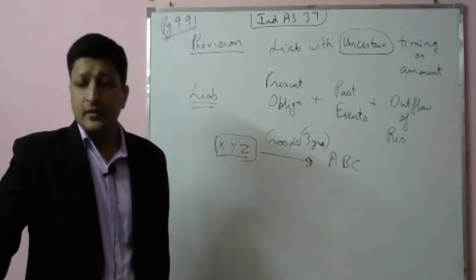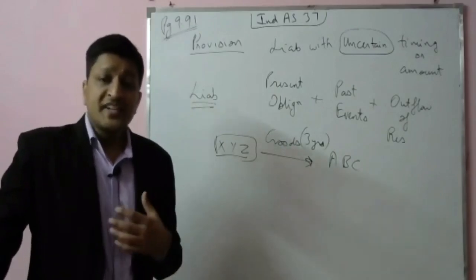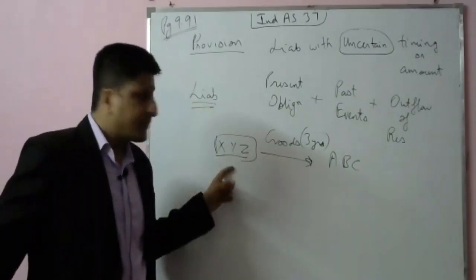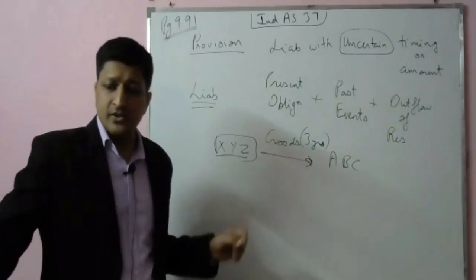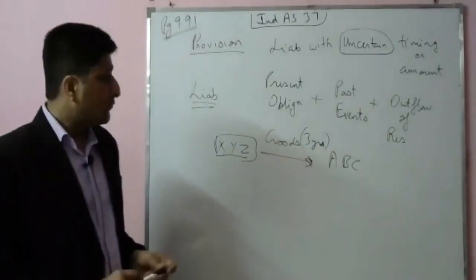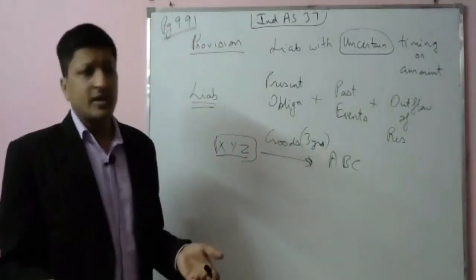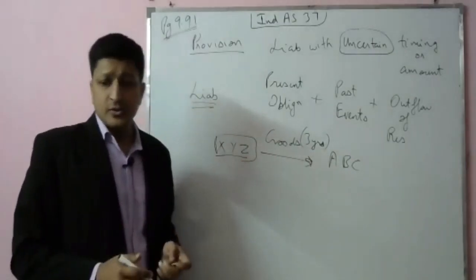Now in this scenario, there is an obligation on the part of XYZ. What is this obligation? Very clearly, this is a legal obligation. Why? Because there is a contract between these two parties.